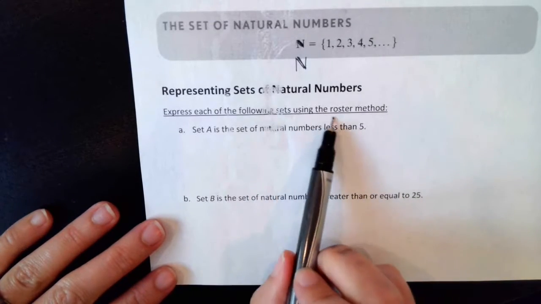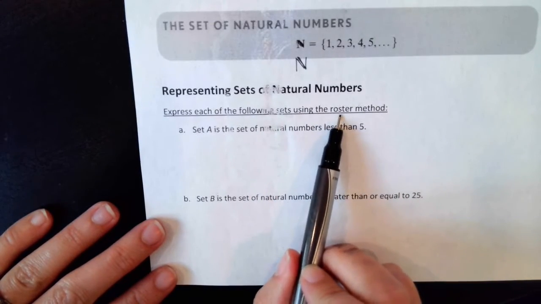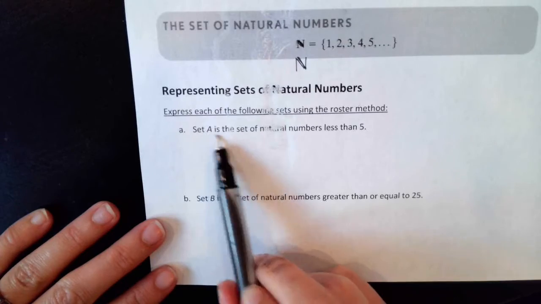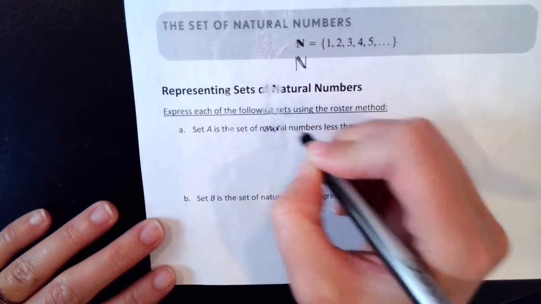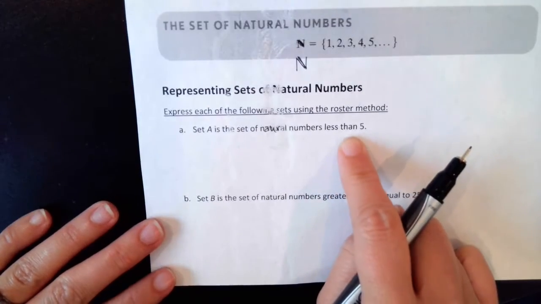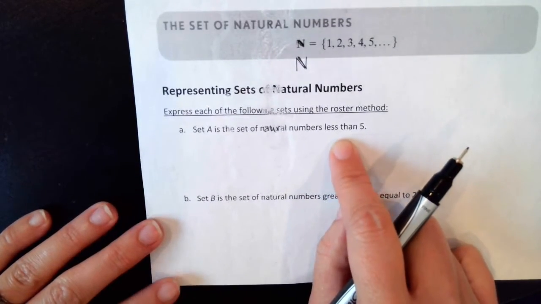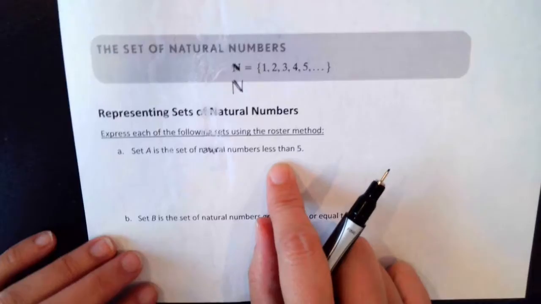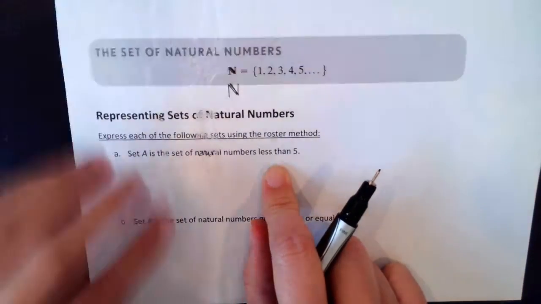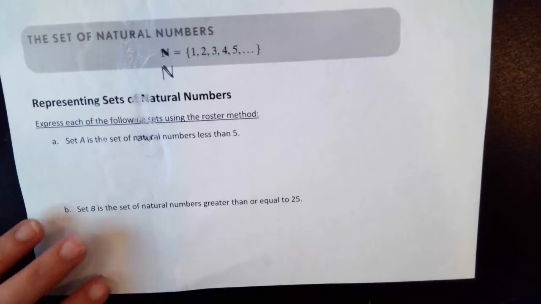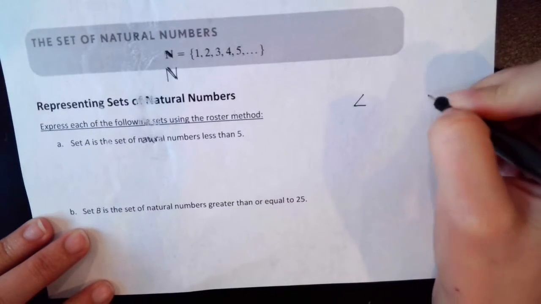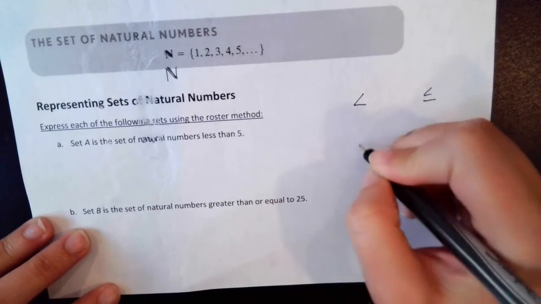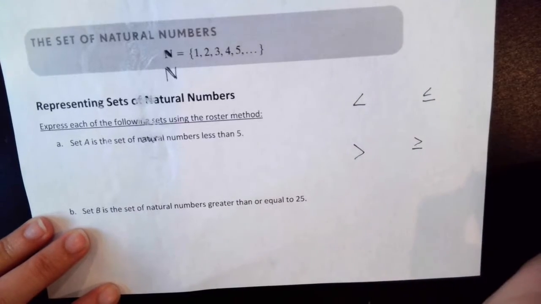So we're going to practice using roster method here. So I need set A is the set of natural numbers less than 5. So we need to have a little sidebar here. If you haven't been in math class for a while, or you don't love math, which by the end of the semester you're going to, we need to talk about these 2 symbols, and these 2 symbols.